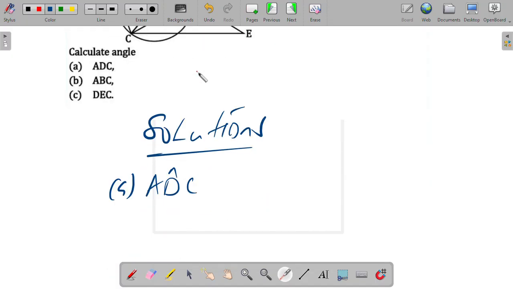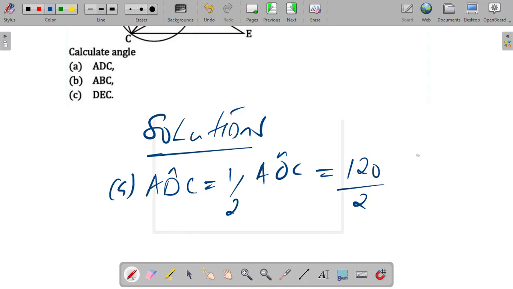So our solution will be like this: ADC equals 1 over 2 of AOC, which is equal to 120 over 2, which is 60 degrees. This is what the theorem states.